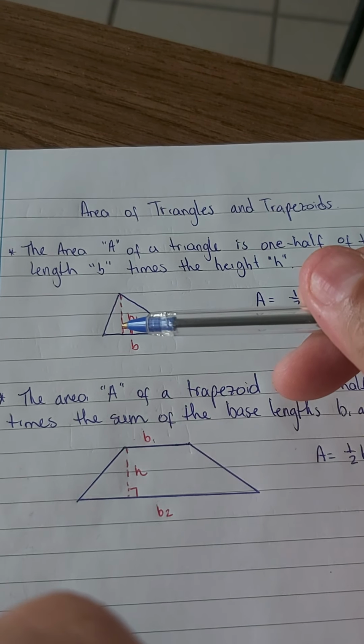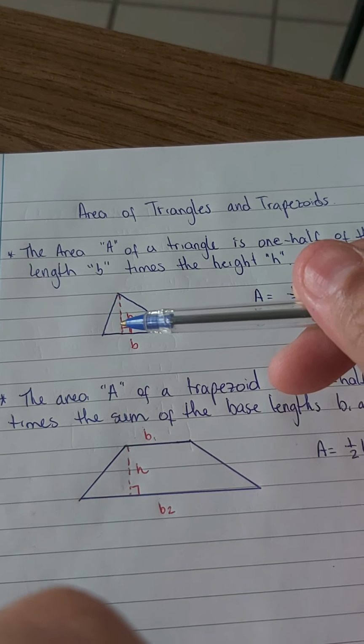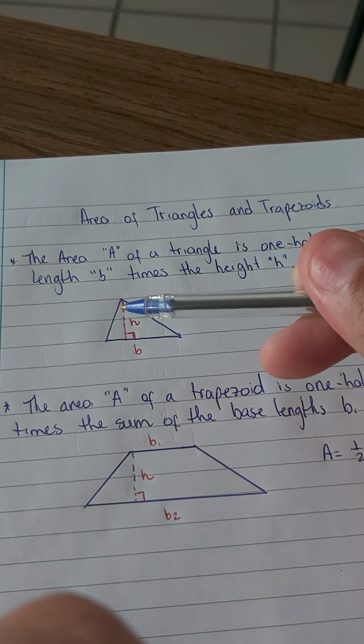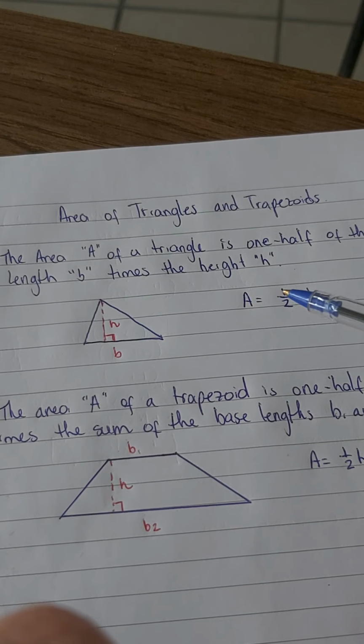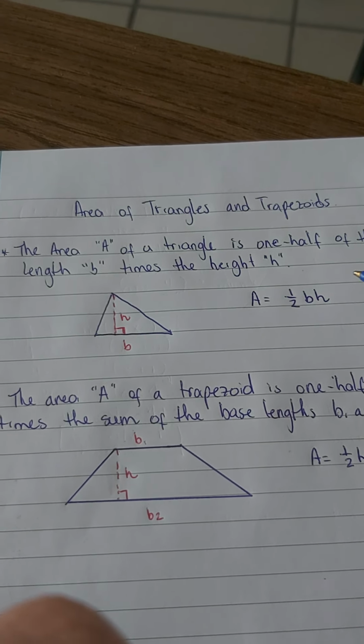Perpendicular lines form or create right angles, okay? So this will be our height for the triangle. So area equals 1/2 base times height.